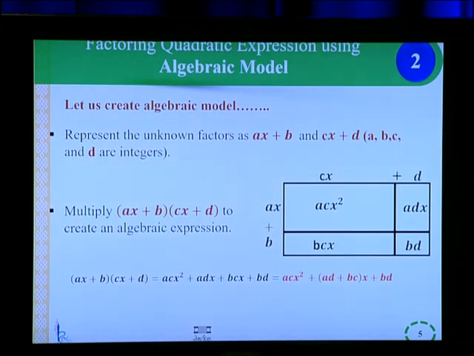So, let us try to find the factors for x square plus 2x minus 3 using this model. There are 5 steps. First, we compare the given equation, that is x square plus 2x minus 3, to the model AC x square plus AD plus BC, the whole x, plus BD to find the values of AC and BD.